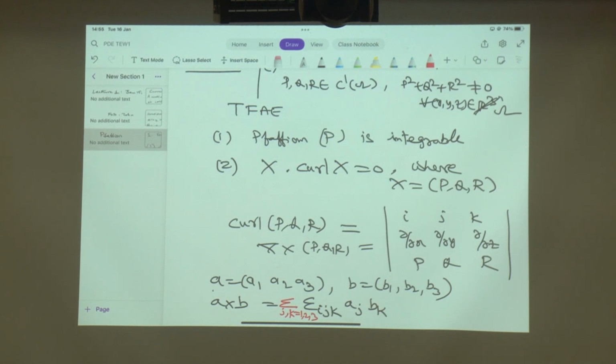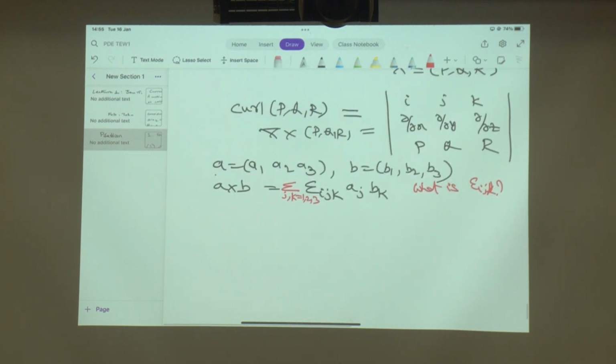But the question is, what is epsilon ijk? That also has a nice description. Anybody knows what this is? If you don't know, I will write. You have to go back and check. I have forgotten, I learned this sometime back. So this epsilon ijk is going to be 1, minus 1 or 0, because in curl we have minus sign also, plus sign also.